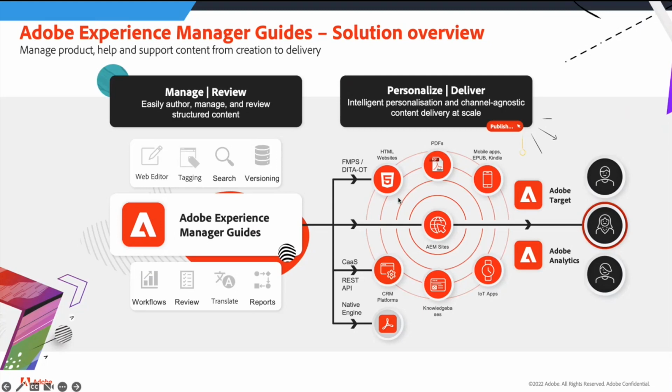Alternatively, create HTML5 websites, responsive HTML5 websites. Of course, you can use FrameMaker Publishing Server and DITA Open Toolkit also to publish to PDFs. You could have your FrameMaker publishing templates and create PDFs through FMPS. And of course, you can even publish to mobile apps and EPUBs and Kindle, Amazon Kindle, and a lot of other output formats.